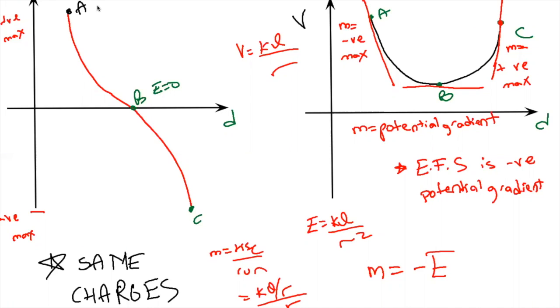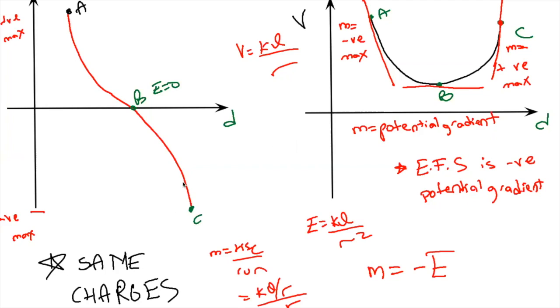I made this as point A and I marked this as point C. And the middle one is obviously E is equal to 0. That's the point B. When we make the gradients, we notice that yes, indeed at B the gradient is 0. But at A, the gradient is maximum, but it's not positive. The gradient at point A is negative, telling us that E and M have a very interesting relation, that is M is equal to minus E.